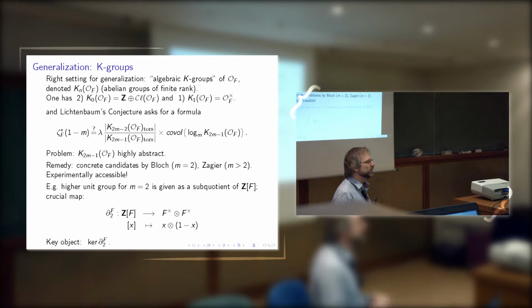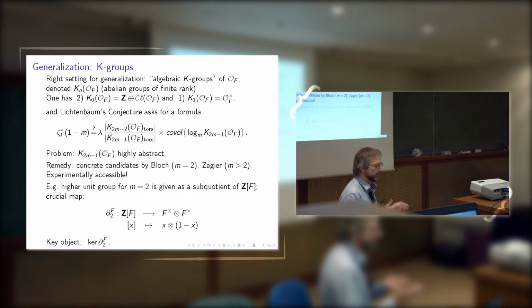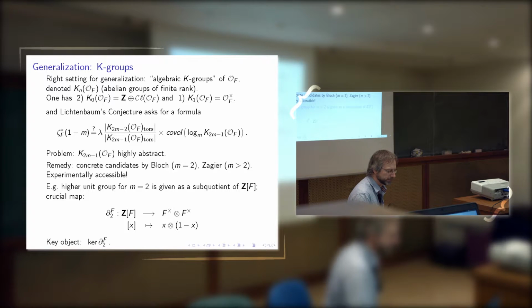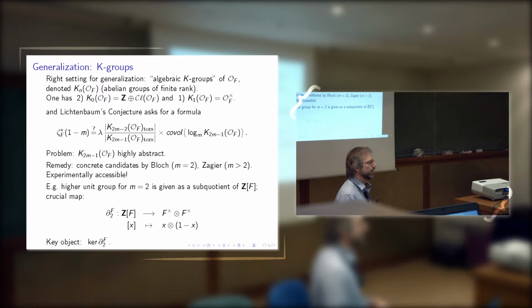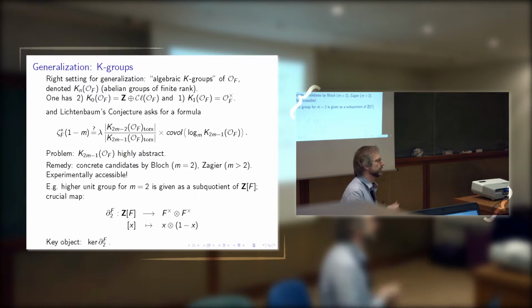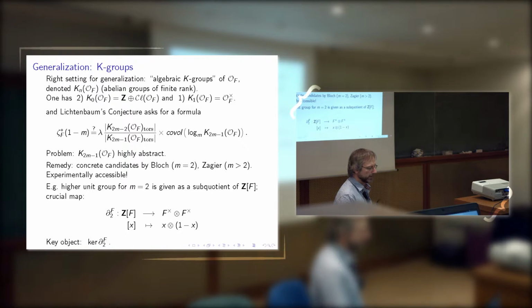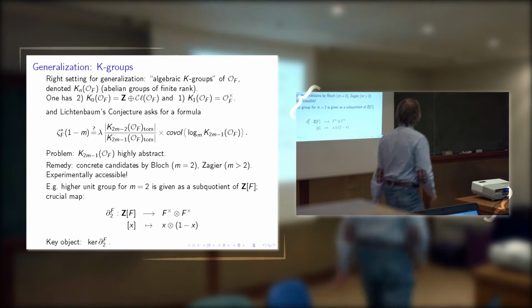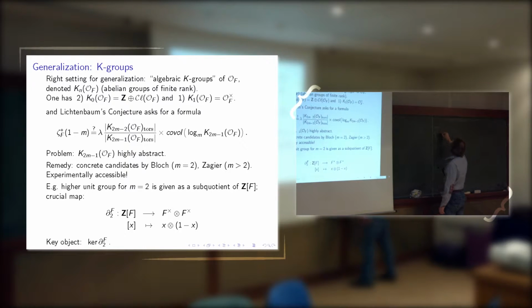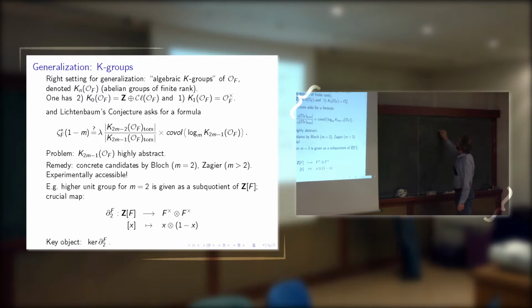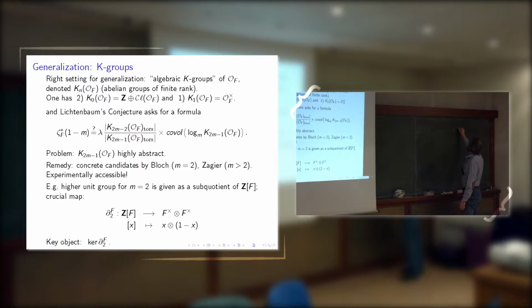So what should be such a higher unit group? Let's do it for the case m equals 2. In principle, we need to understand a subquotient of the free abelian group on that field, so it's just linear combinations of elements in F. The crucial map that needs understanding goes from Z[F] to F cross tensor F cross.